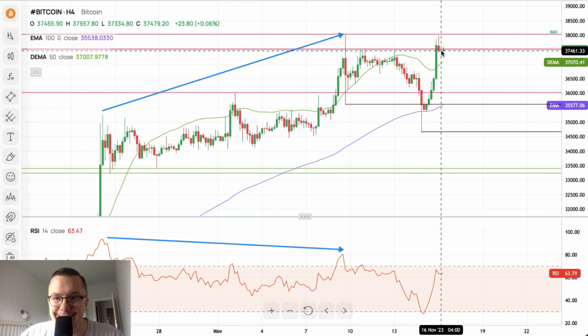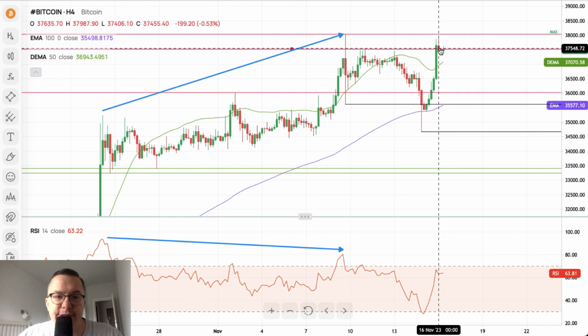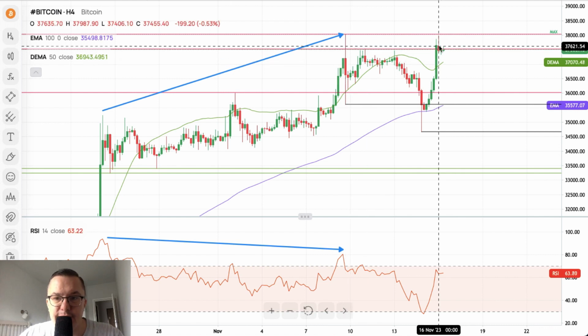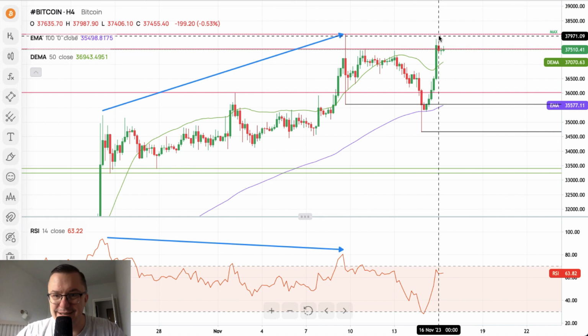Okay, so we hit again, well, almost 37,987 was the recent local high. $38,027 was the last high, so we missed the high by $40. So $40 less, we got another nice local high.